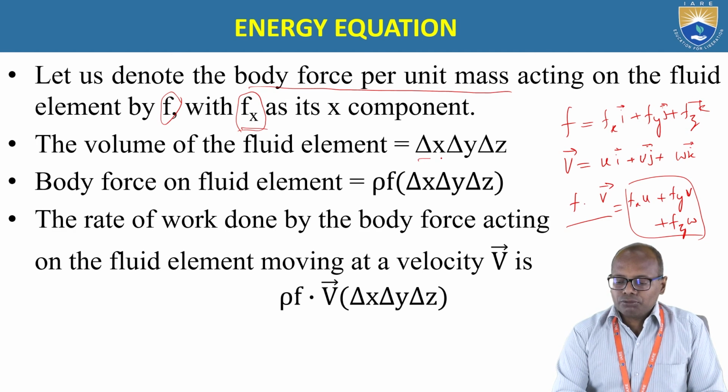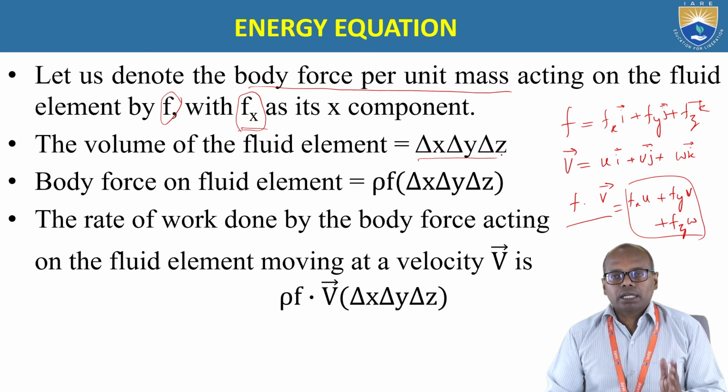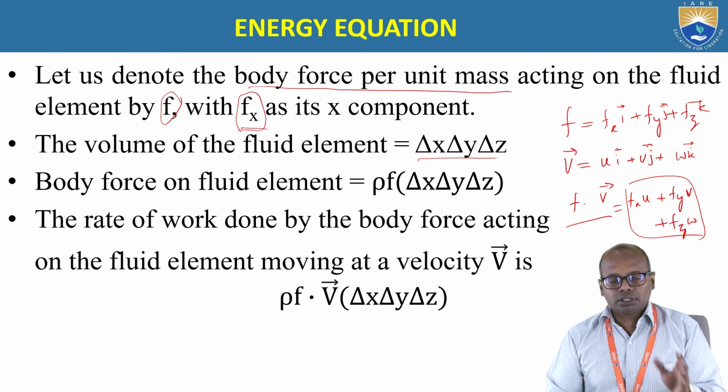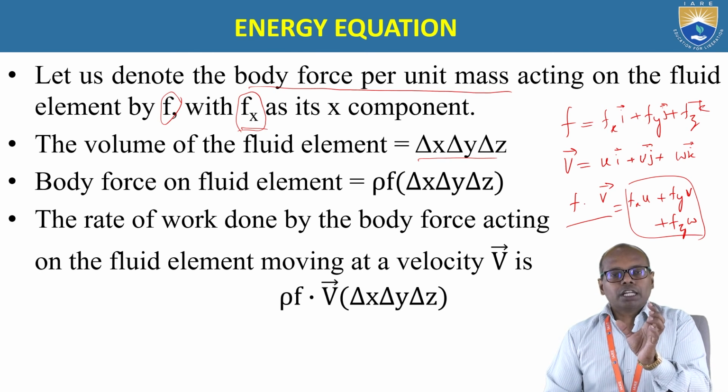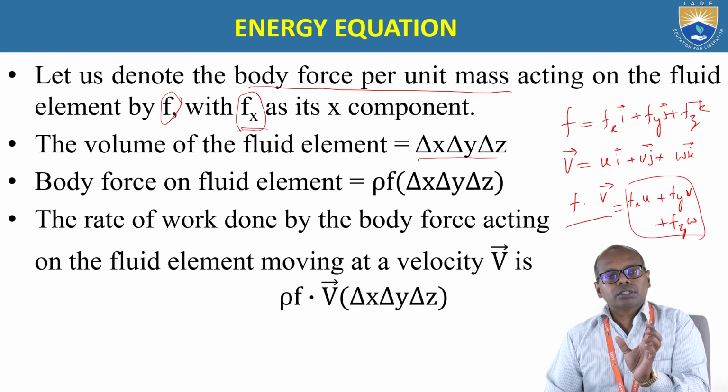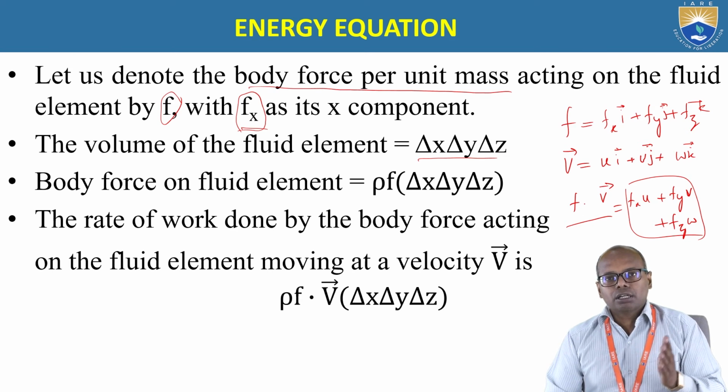The volume of the element is delta x, delta y, delta z. Delta x is the dimension of the element in x direction, delta y is the dimension in y direction, and delta z is the dimension in z direction. So if I multiply the three dimensions, I will get the volume of the element.